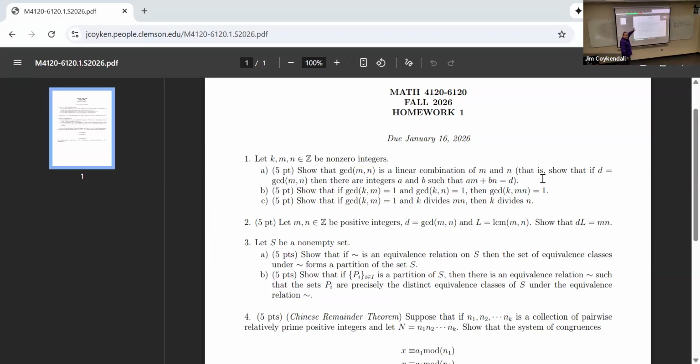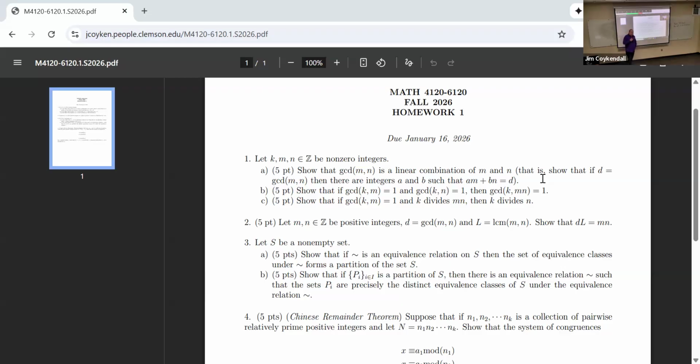I'm going to give you a strict definition of greatest. You think of this as biggest, but there's a better definition we'll get to later. Now, that means by this problem that 5 is a linear combination of 30 and 35. Anybody see how to do that? How about -1 times 30 plus 35, right?